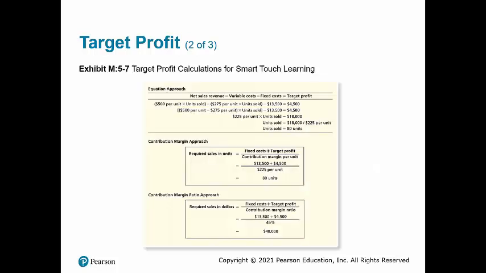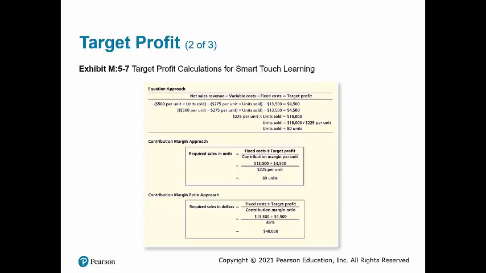So this slide shows the calculations to achieve a target profit for Smart Touch Learning of $4,500 using the same information that we used to calculate the break-even point. We can see in the equation approach that after we solve for the units sold, it would be 80 units that are needed to be sold to achieve a target profit of $4,500.